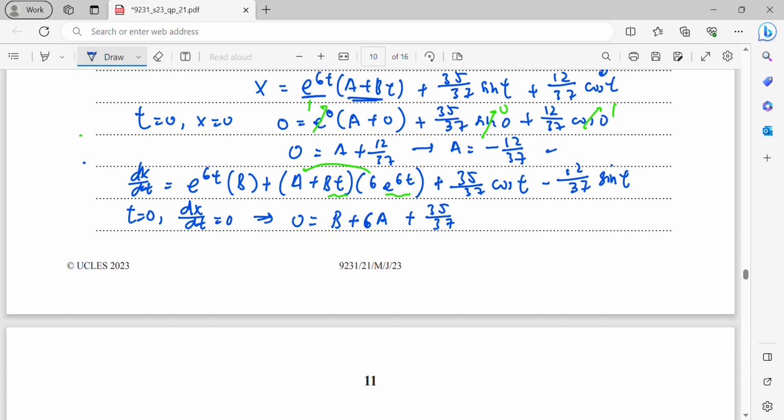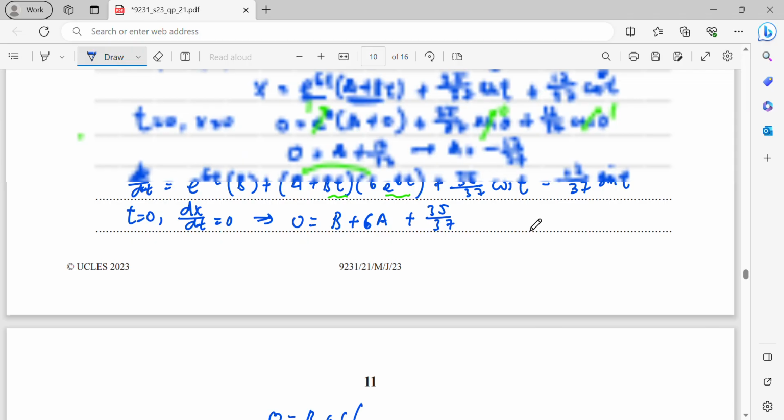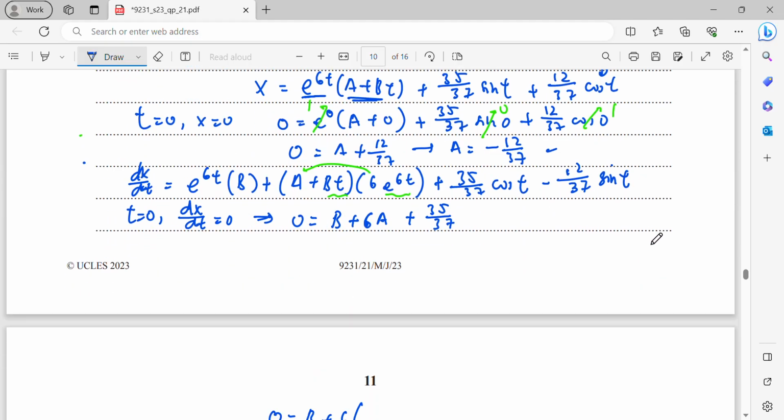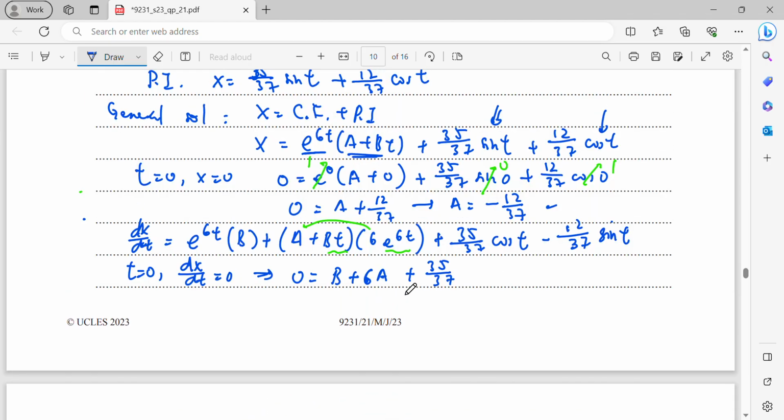Since we have found the a, then we can find the b. So now I will write 0 equals b plus 6, replace the a that you have found, minus 12 over 37, then plus 35 over 37.